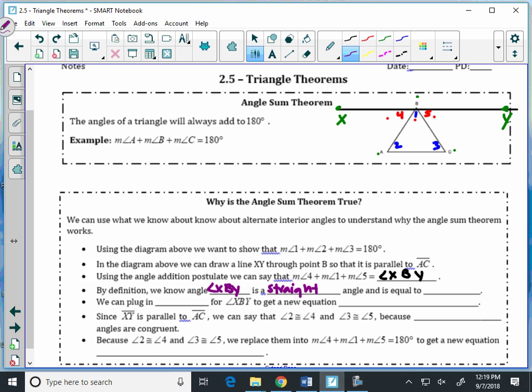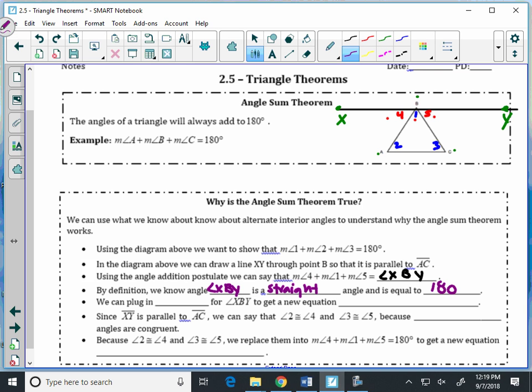And what do straight angles equal? They equal 180, right? So can't we say that the three of these angles also add to 180 degrees? Because they're making up a straight angle.